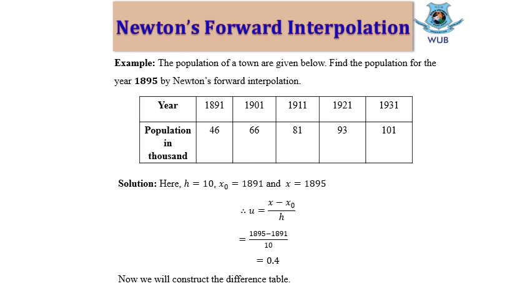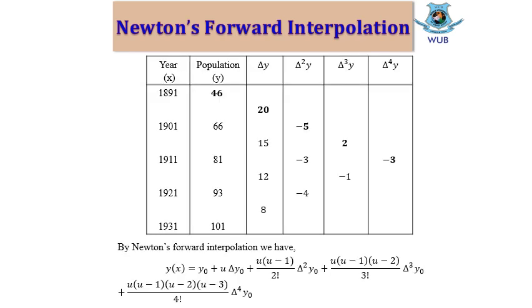And now we construct the difference table in the following way. This is the outlook of Newton's forward interpolation or forward difference table, where you can see that the first two columns are the year and population, denoted by x and y.